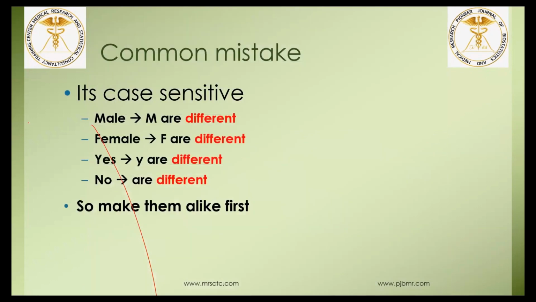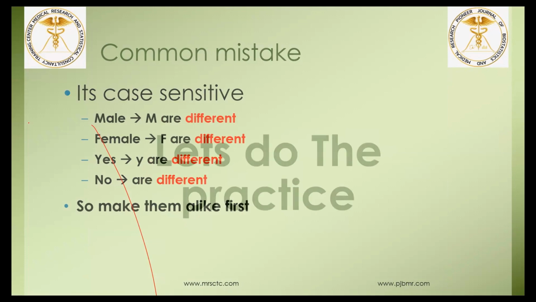The common mistake we make is that converting data from Excel to SPSS is case sensitive. Male and M are different. Female and F are different. Yes and Y are different. No and N are different. So type the one way you are going to analyze in your SPSS.